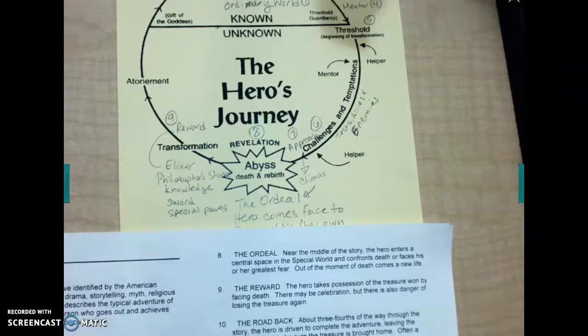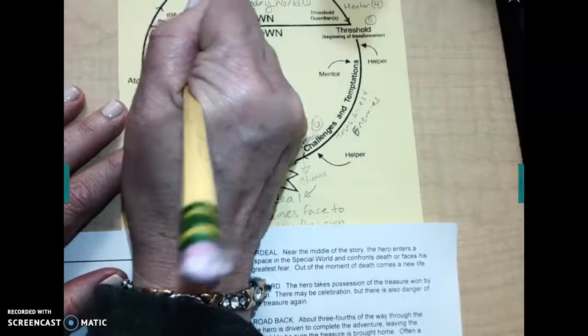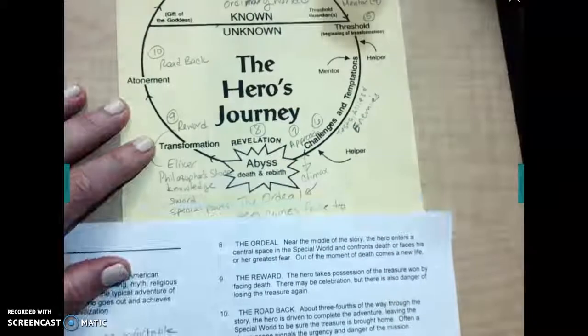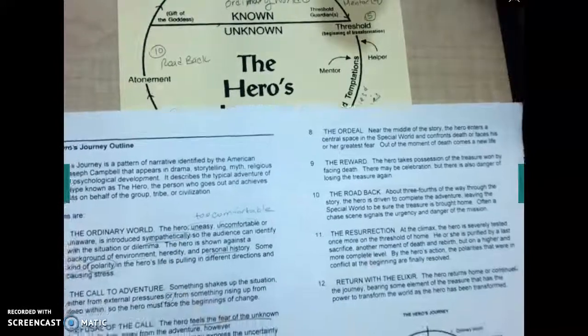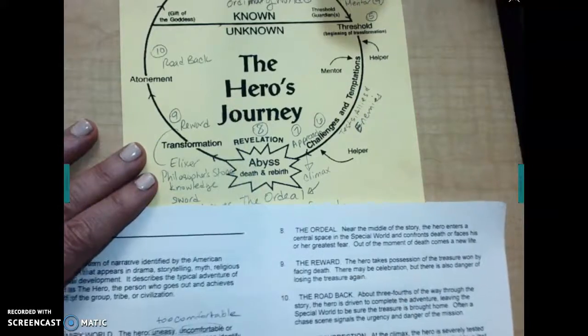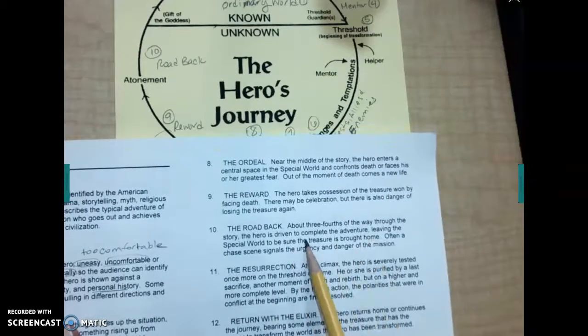The next thing that I want to say is that there's an atonement. There's like a second atonement in this road back. Let's call this the road back. So what I'm doing is I'm trying to combine these steps here with this nice little graphic here. So the road back, see this, about 3/4 of the way through the story, the hero is driven to complete the adventure, leaving the special world to be sure the treasure is brought home.